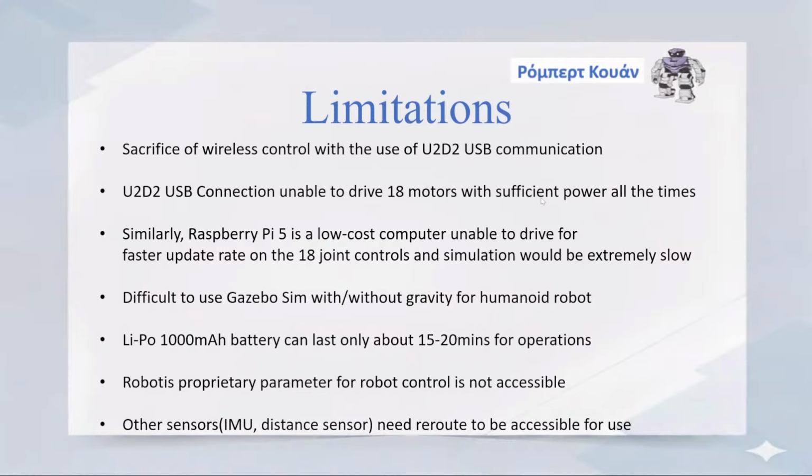And also there are some other sensors which came along with the original DIY kit, like the IMU and the distance sensor, but I didn't take the risk to disassemble my robot to take out the wiring to be routed to my Raspberry Pi 5 this time, which I plan to maybe just get another newer IMU sensor or distance sensor to route directly to my Raspberry Pi 5 in the future.